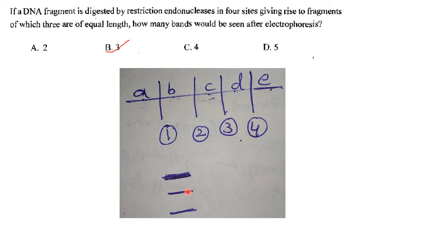I have just drawn it for understanding purposes. The molecular weight of D can be either greater than this particular band or even less than this band. You will get 1, 2 and 3 bands, because A, B, C are bands of the equal length. So the answer here is option B, that is 3.